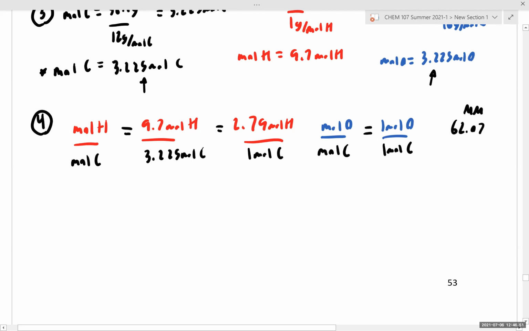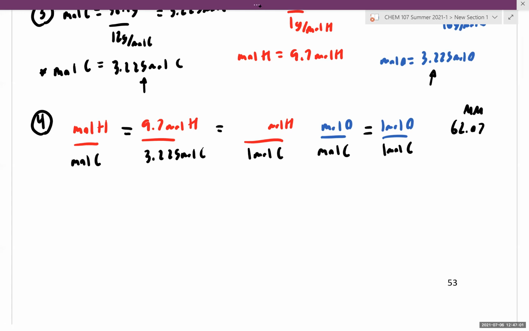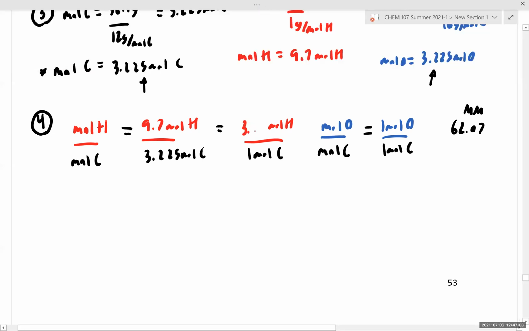So now looking at our moles, the ratio of hydrogen to carbon is 3.00. Okay. So we can write out an empirical formula of C1 because we have 1 mole of carbon, H3 because we have 3 moles of hydrogen, O1 because we have 1 mole of oxygen. So CH3O would be our empirical formula.